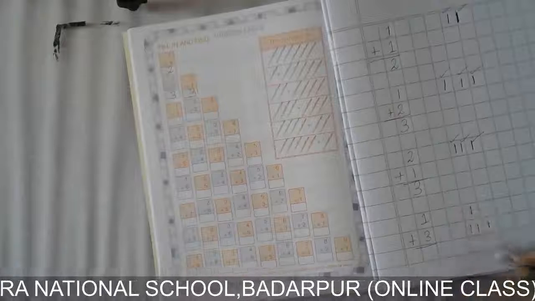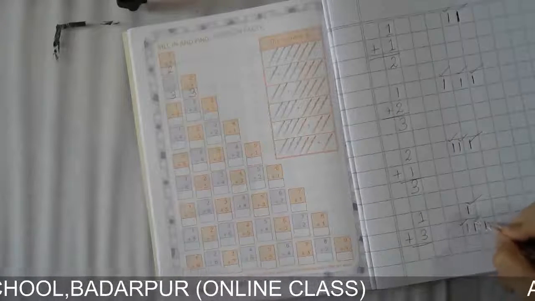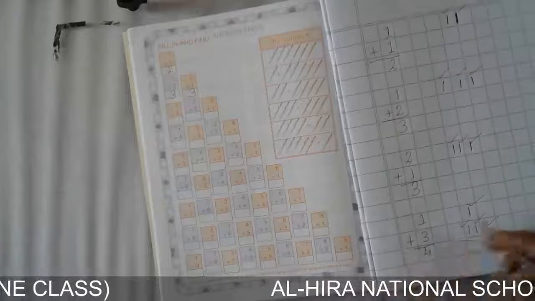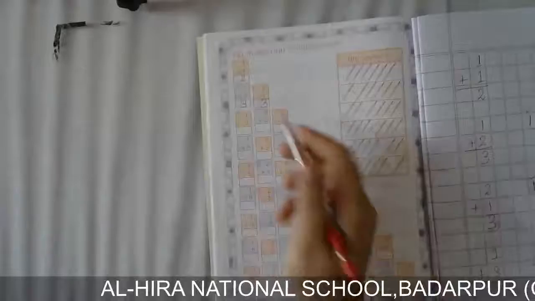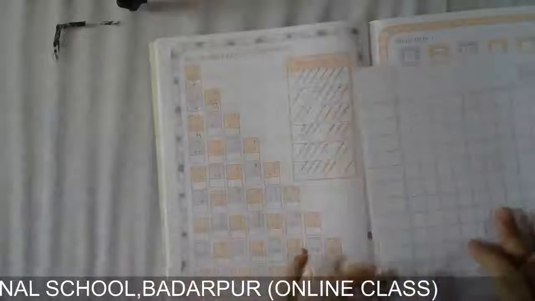Count all these lines. 1, 2, 3, 4. How much do we get here altogether? 4. That is, 1 plus 3 becomes 4. You write here 4.